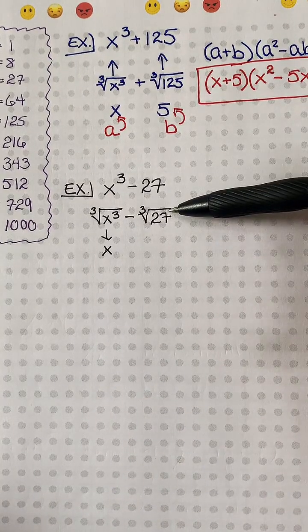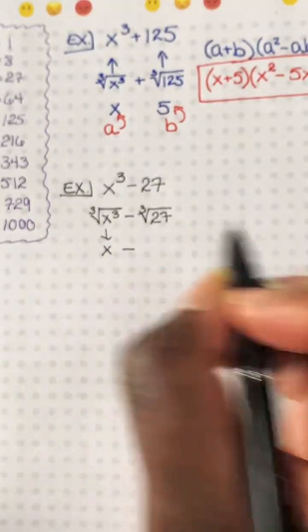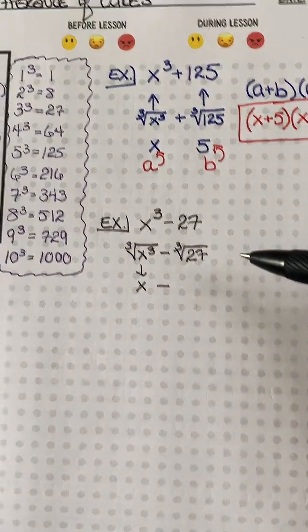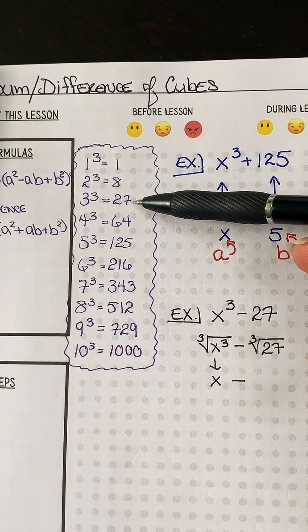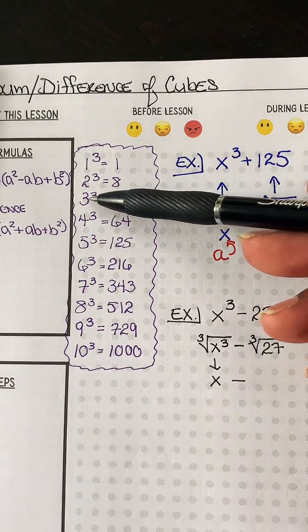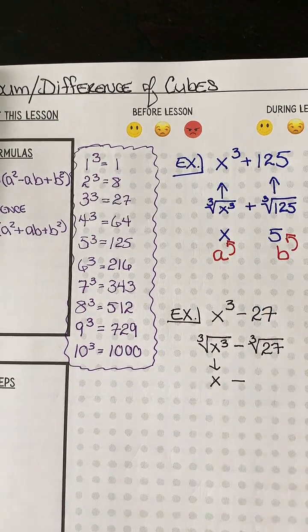Now I got the cube root of 27. I'm going to put my minus sign down. So taking a look at my list, 27, here's 27. So that means the cube root of 27 is going to be my base here, which is 3.